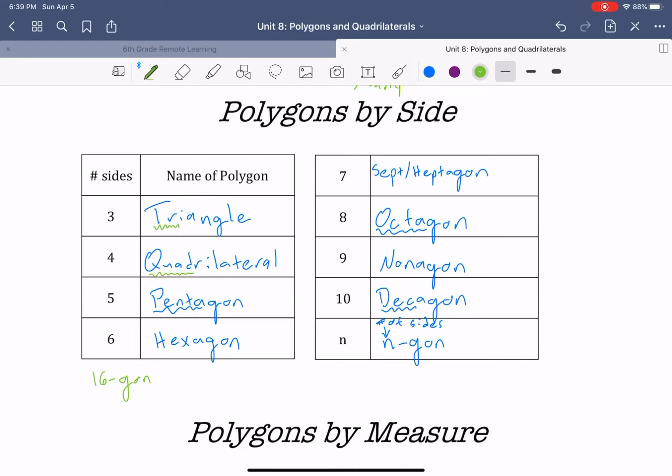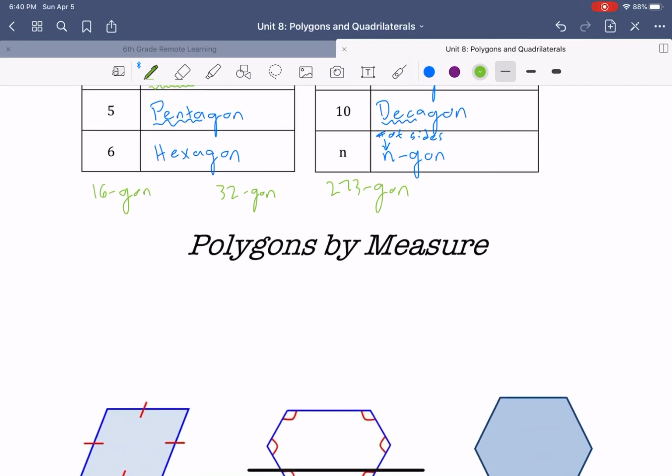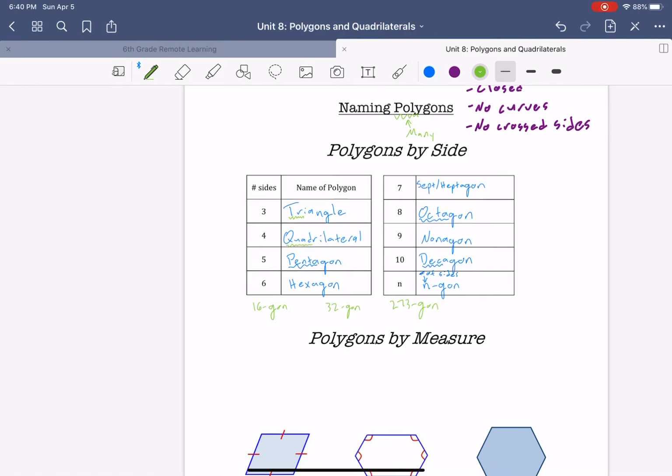If you had something that was 32-sided, it would be called a 32-gon. You could have a 273-gon, although at that point it would be kind of ridiculous. Okay, so it's just generally above 10 with a couple of exceptions. We just call it number of sides, gon. Okay, so that's how we name polygons by side.